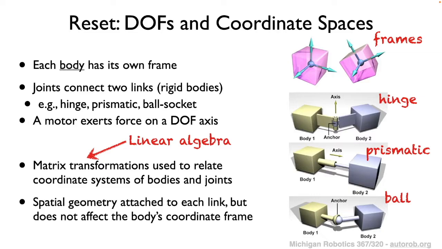The way that we're going to model those relationships is using linear algebra, with the technique known as matrix transformations, in order to transform the coordinate systems between these various rigid bodies and joints. It's within these matrix operations that we're going to model the spatial geometry of these links, and also how the joints are affecting the links' spatial relationships.